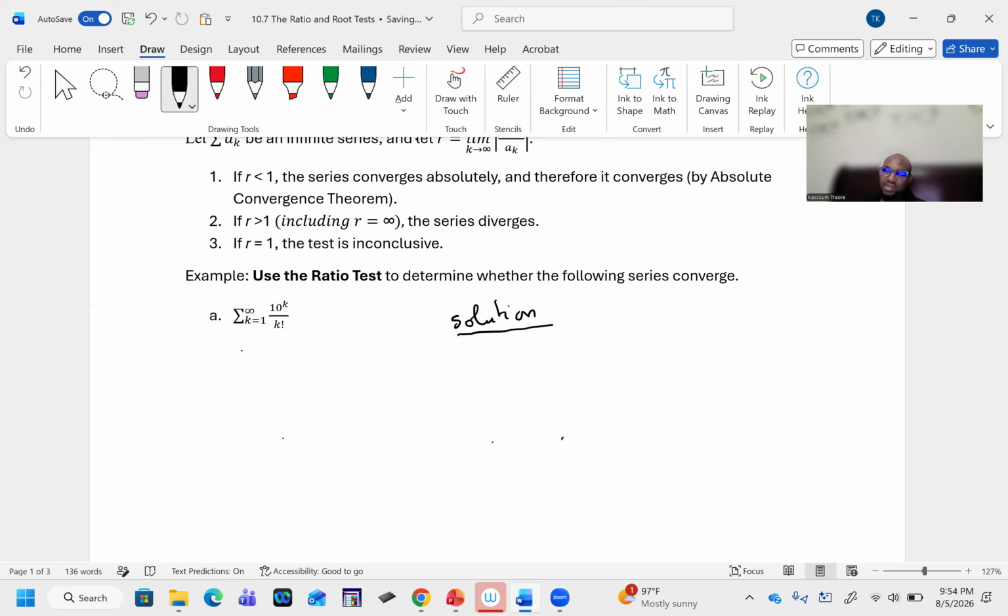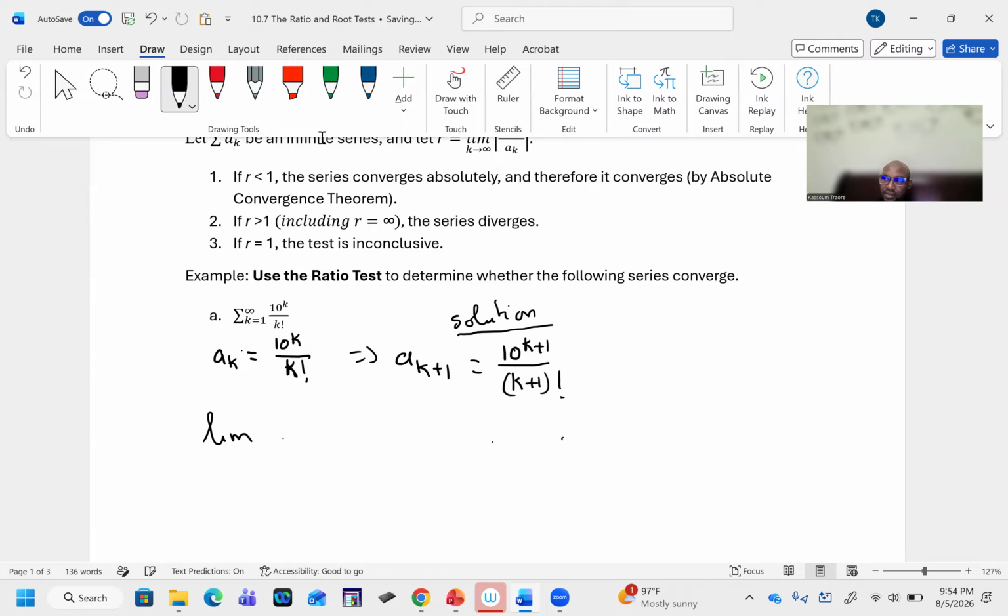All of the terms are positive. So we first set our a sub k, which is 10 to the power of k divided by k factorial. This means a sub k plus 1 will be 10 to the power of k plus 1 divided by k plus 1 factorial.